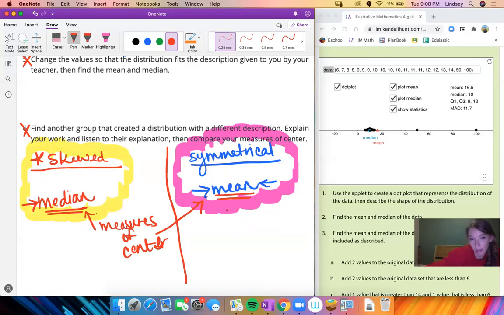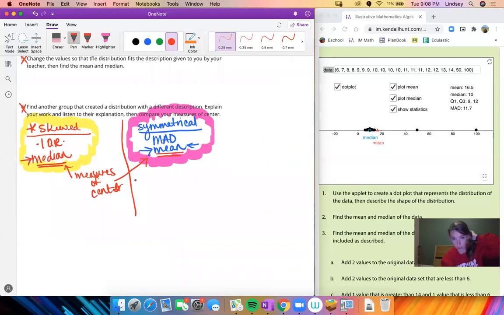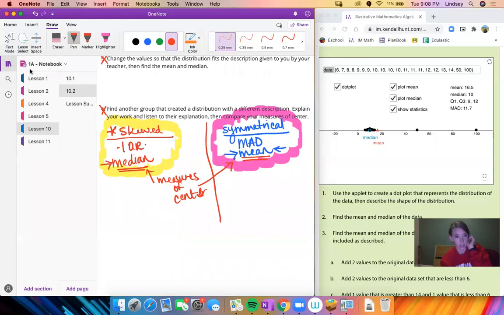When we're talking about the mean as our measure of center, we're going to use the MAD, the mean absolute deviation, as its measure of variability. Those two go together. That leaves the IQR as the one that goes with your median and your skewed data. We're going to explore that more in lesson 11. So that is your big conclusion from this.